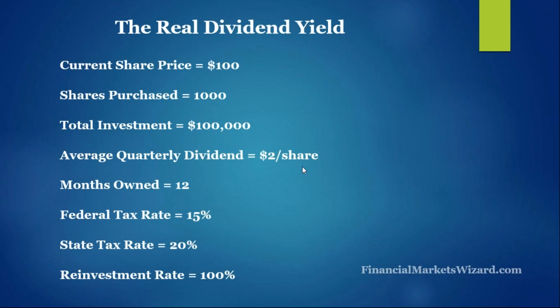Average quarterly dividend is $2 per share, and let's assume you held on to this investment for 1 year, your federal tax rate is 15%, state tax is 20%, and whatever dividend you received, you reinvested, which means you bought new shares.